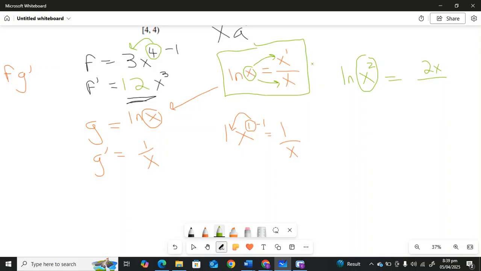The numerator, where it's written as x prime, means you're deriving whatever expression you're given, and in this case the expression is x squared. Then in the denominator, you just write the expression as it's given to you, x squared. And then when we simplify, this becomes 2 over x.